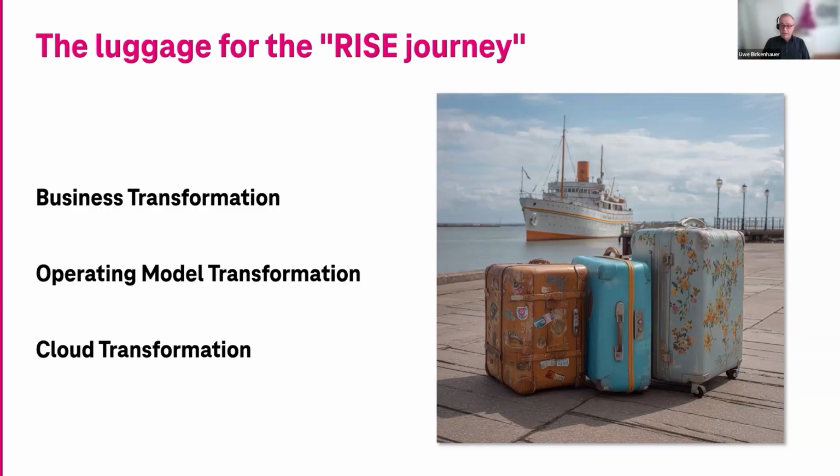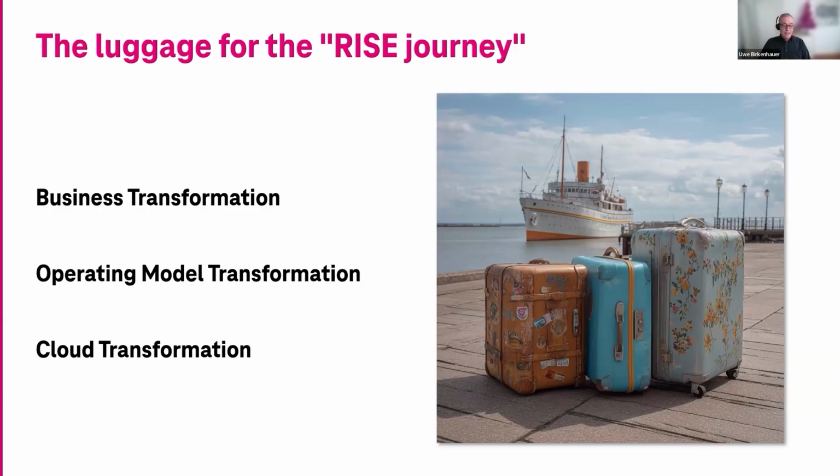With RISE or with Cloud ERP, SAP will be your service provider, and all contracts will be with SAP. You need to consider the consequences of this as well. And last but not least, and this is where the sovereignty part comes in, this is cloud-based software, and it comes with a cloud transformation. And these are the three pieces of luggage that you have to carry along.